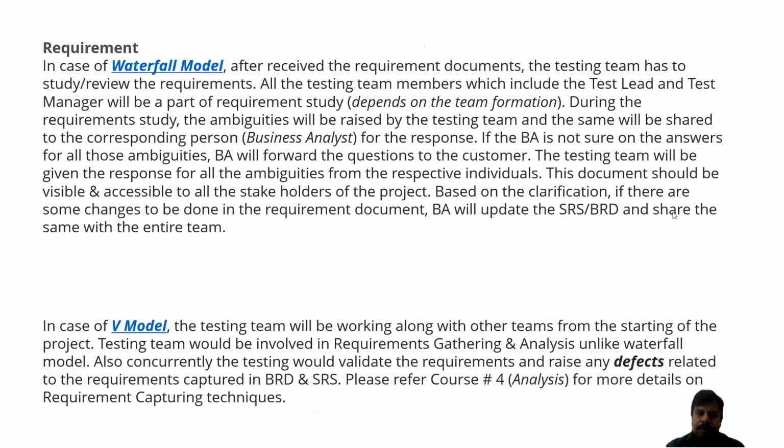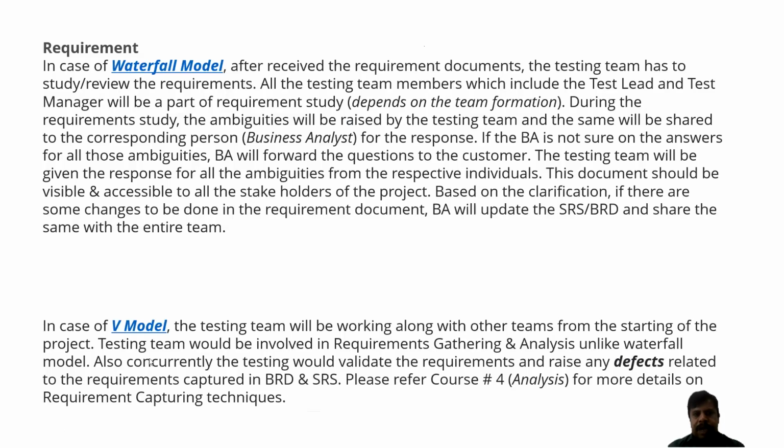For example, if we are using a V model, the testing team will be working along with the other teams from the starting of the project. The testing team would be involved in requirements gathering and analysis, unlike the waterfall model.